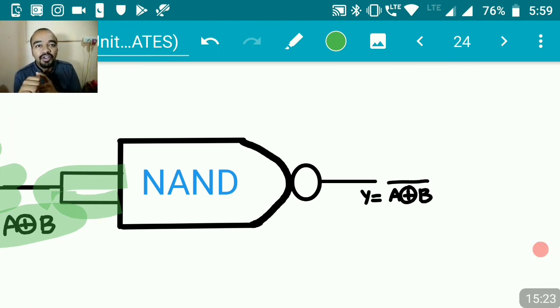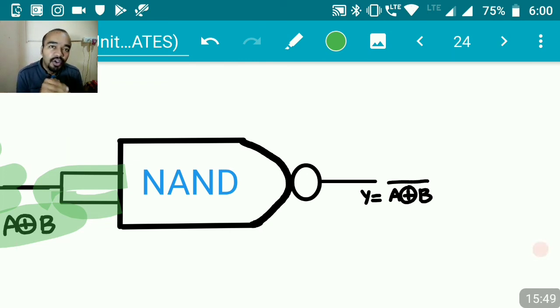We have realized the NOT gate, the AND gate, the OR gate, the XOR gate, the XNOR gate, and the NOR gate using the NAND gate. These are all the other logic gates that can be realized using the NAND gate. That is why the NAND gate is called a universal logic gate.